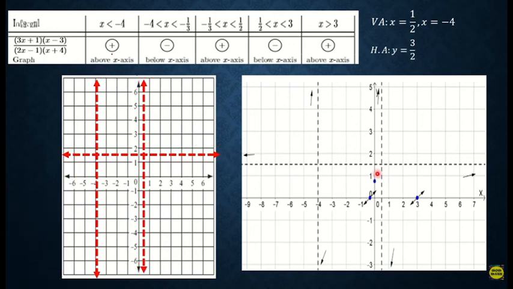Above the x-axis, here: x is less than negative 4.